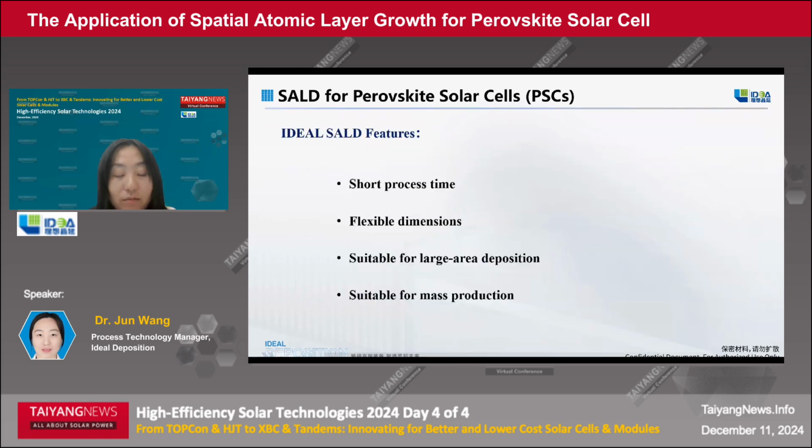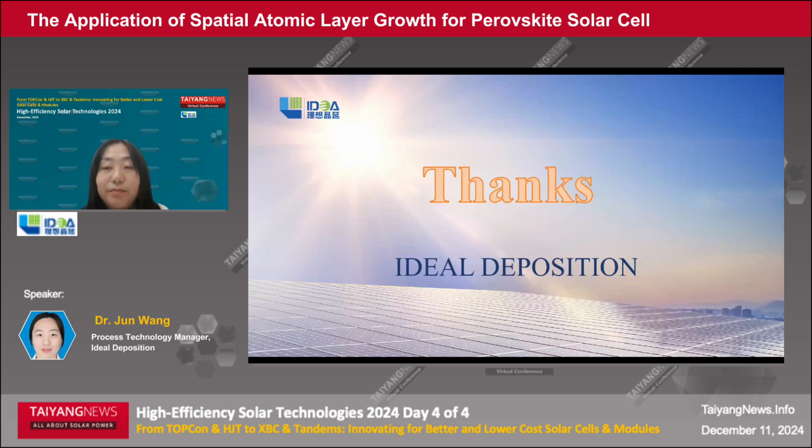To sum up, Ideal's SALD equipment process time is short, and the substrate dimension is flexible. It is suitable for large area deposition and mass production. Thank you for your attention.